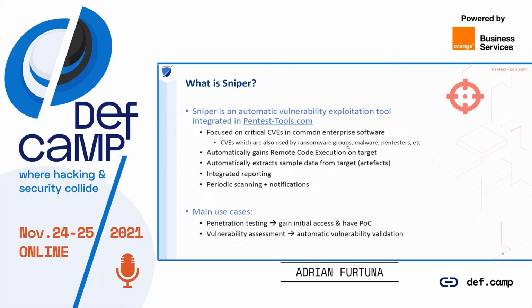And not only these ones, which are mainstream, but also other vulnerabilities which give you direct access to the target. There has recently been some remote code execution in GitLab, for instance, Cisco and others. So these vulnerabilities implemented in Sniper are also being used by ransomware gangs to get access to the system, by malware, or by pen testers who are doing this manually.